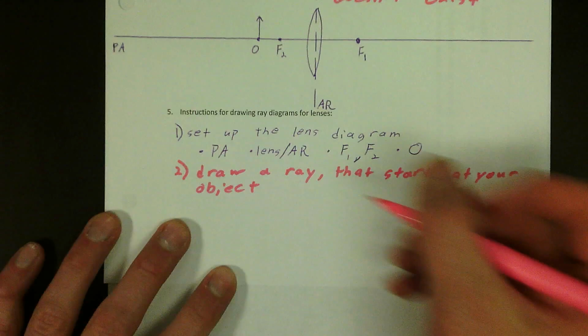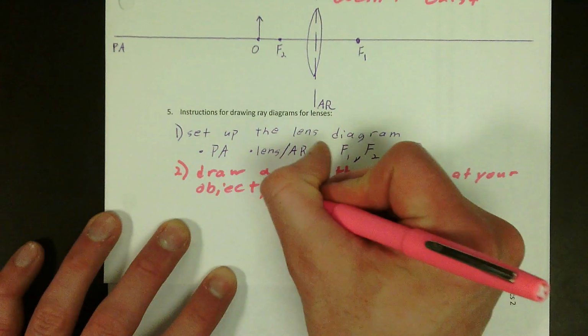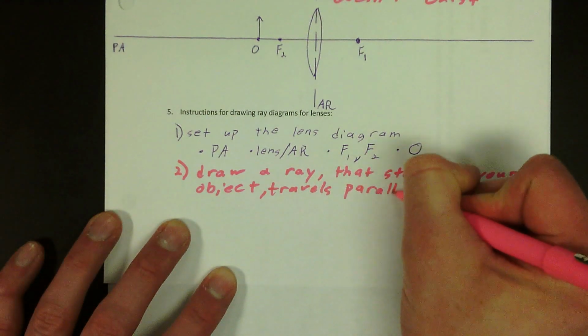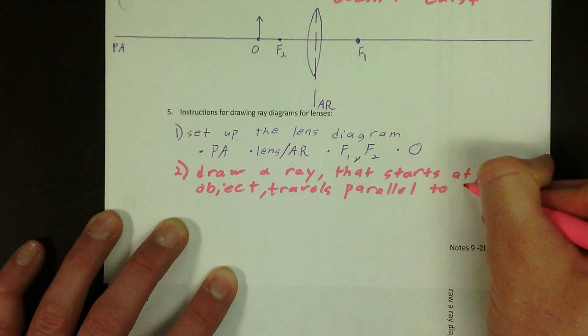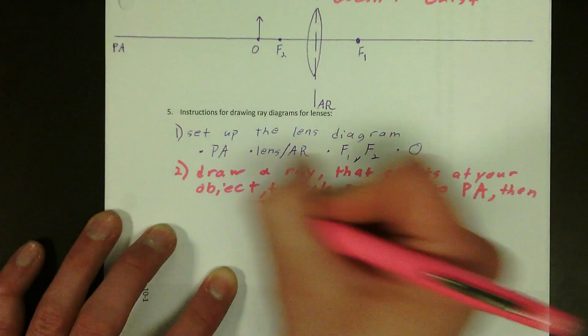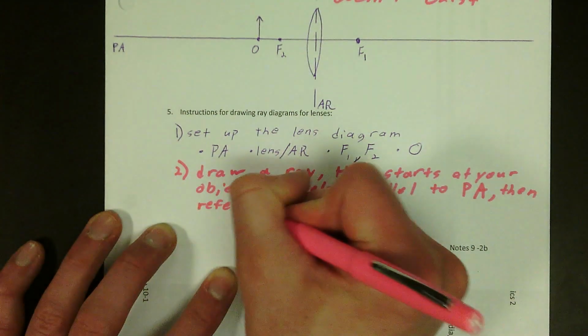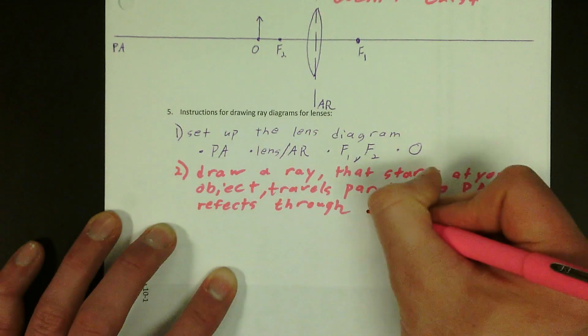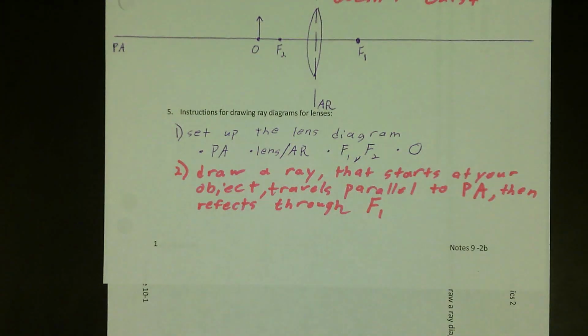So draw a ray that starts at your object, travels parallel to the principal axis, and then reflects through F1. That's it. Draw a ray, starts at your object, travels parallel to the principal axis, and then refracts.